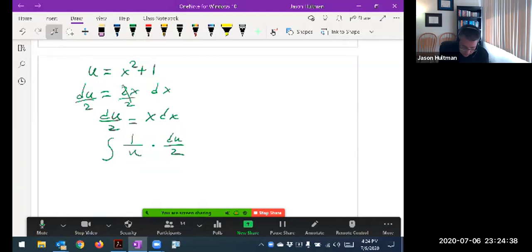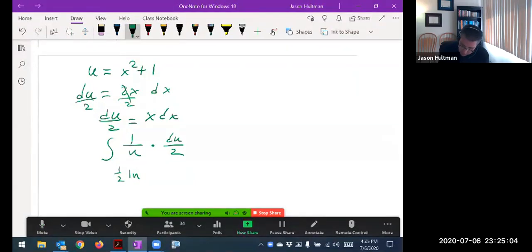So what is this going to get me? This is going to get me natural log, right? The integral of 1/u is natural log, that's correct.